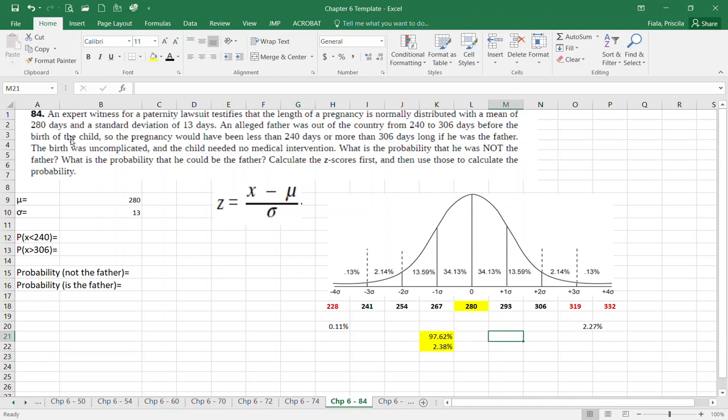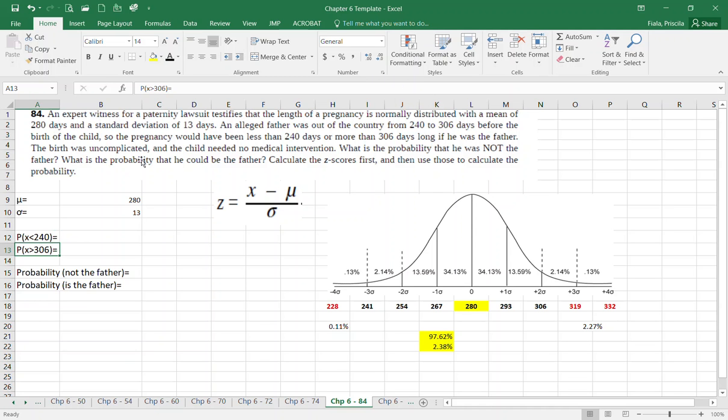Let's continue. Right here it says the pregnancy would have been less than 240 days, or more than 306 days.